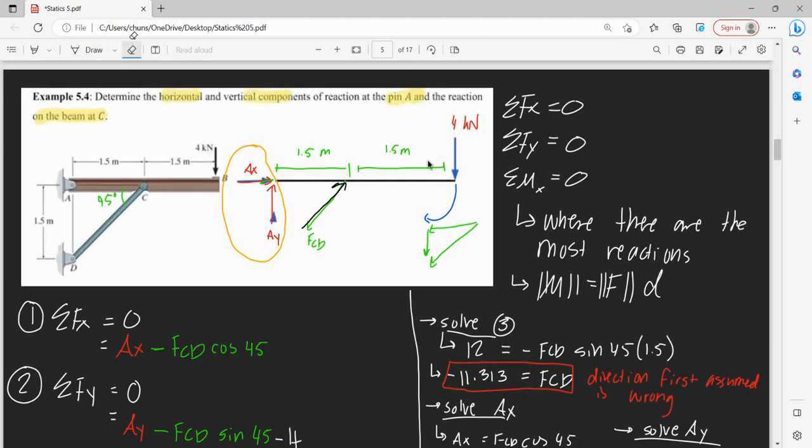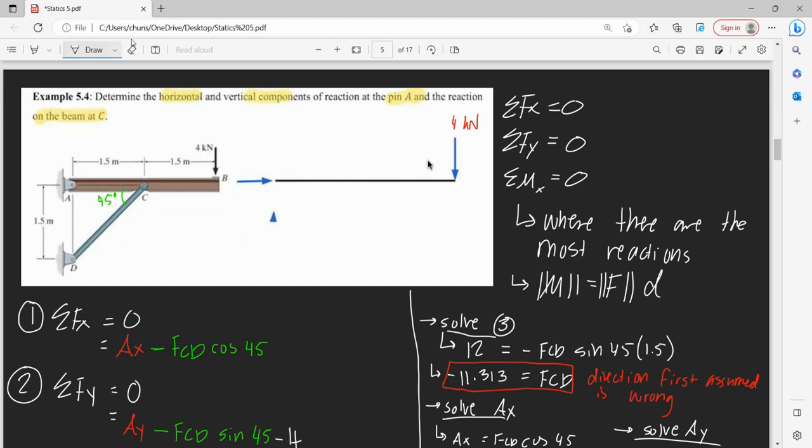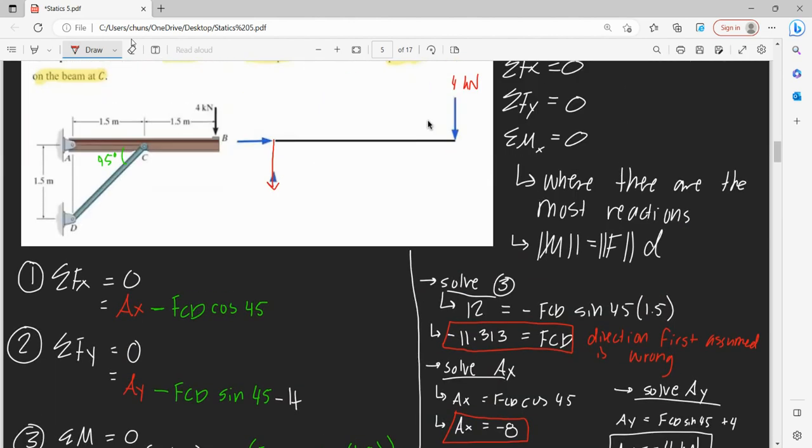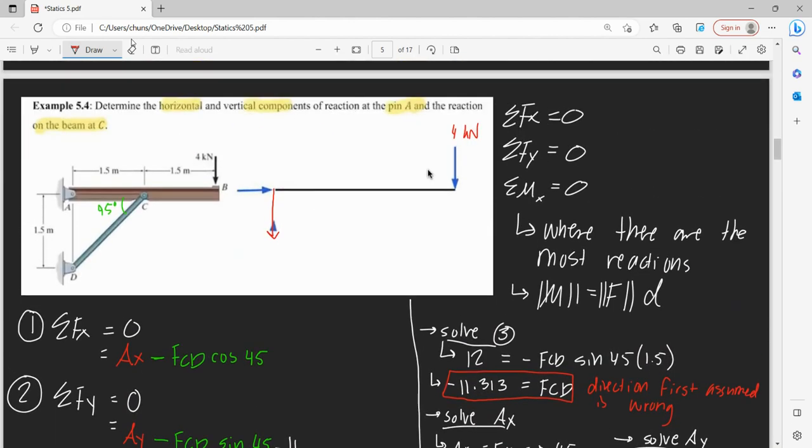Sorry, I'm running out of room here. So if we were to redraw this, now knowing our correct directions, 4 can stay the same. So AY we initially assumed was upward, but now that it's negative, we know it is in a downward direction with a magnitude of 4. We know our x acts in the negative x direction now at 8 kilonewtons.